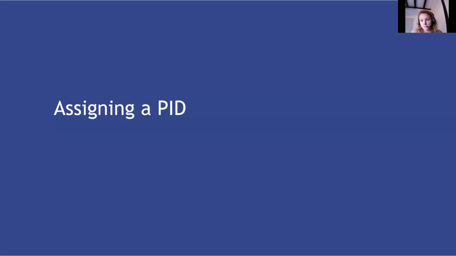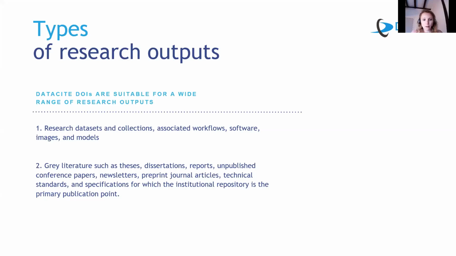And so assigning a DOI or persistent identifier is really the first step. So I very briefly wanted to say something about that process. I already mentioned DOIs are suitable for a range of research outputs.